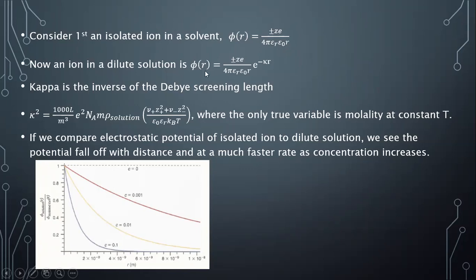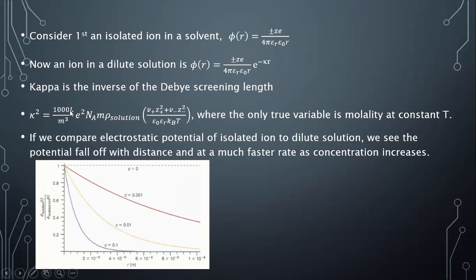Now add an ion to this dilute solution. We still keep the original term, but now we're adding e raised to the power of negative kappa R. This kappa is the inverse of the Debye screening length. It's more or less a constant for a given solution.